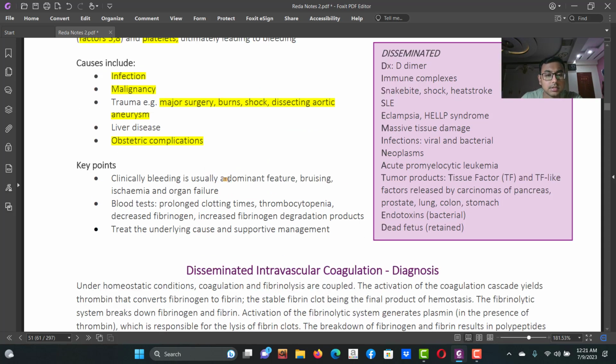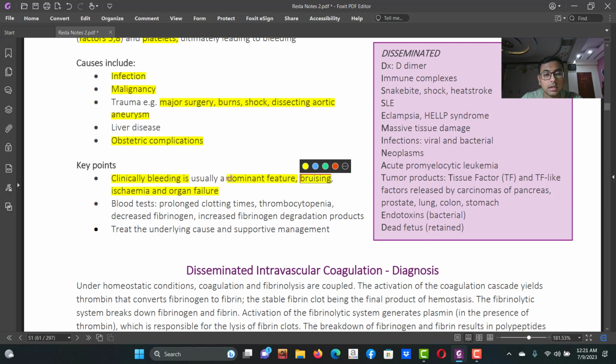What are the key points? Clinically, bleeding is the main, dominant feature, along with bruising, ischemia and organ failure. So how can you notice that a patient might have DIC?